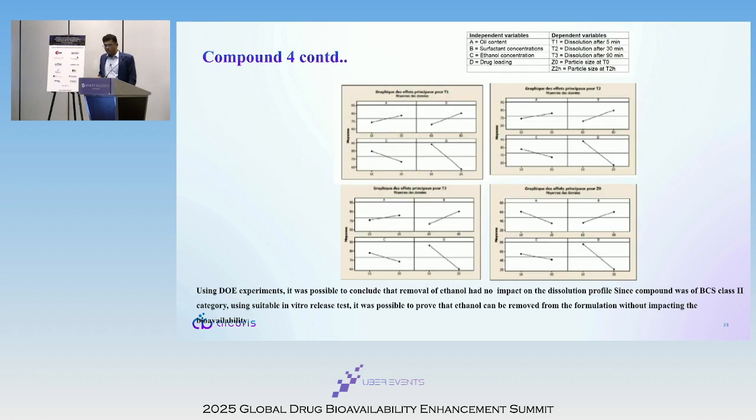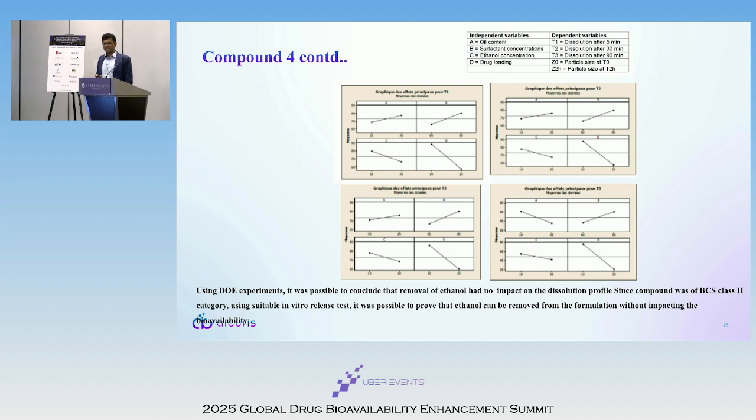When we changed the concentration of ethanol, initially it was 20%, so we tried to bring it down to 10%, 5%, even 0%. Of course, on the other side, we had to play around with the concentration of lipids and the surfactants we were using. At the end, there was not much impact on the overall particle size upon dilution or on the dissolution, because the presence of the lipids and other surfactants was able to take care of the final particle size as well as the dissolution profile.